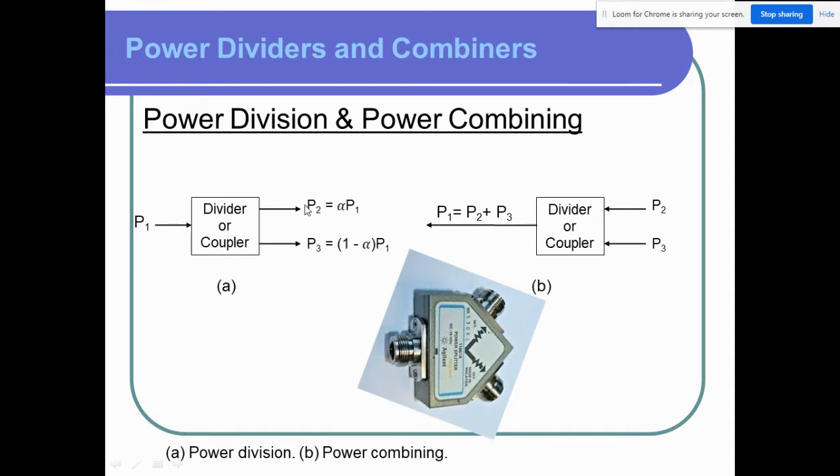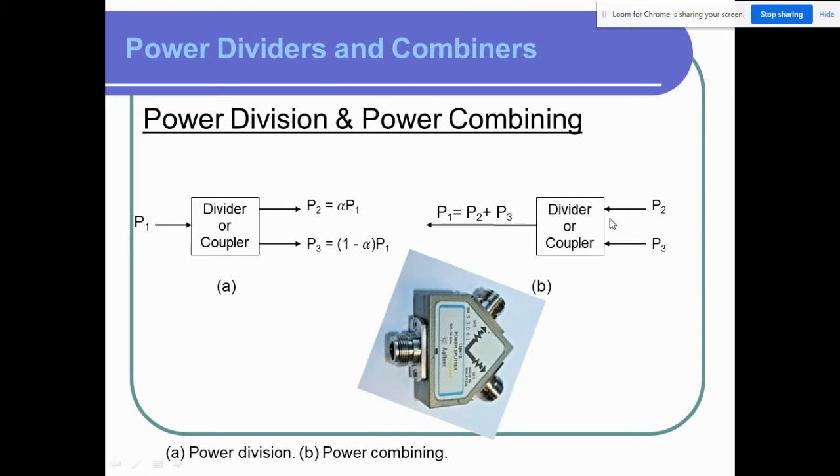Let's say this one is 0.2. So 20% power at P2 and the rest, meaning 80% power, is at P3. So it's 1:4. The division ratio is 1 to 4.